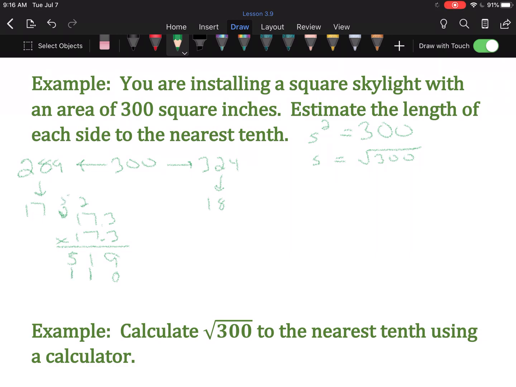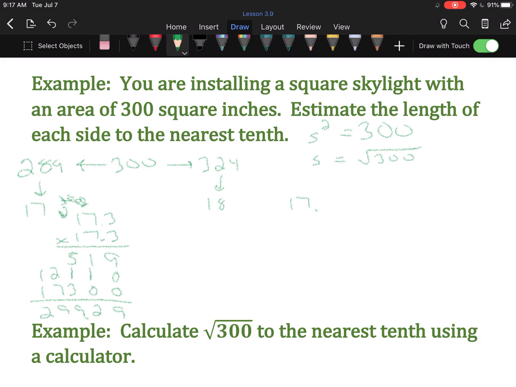Carry the 5. 7 times 1 is 7 plus 5 is 12. Start with a couple of zeros. And 1 times everything is 1, 7, and 3. Adding up gives 299.29, with 2 decimal places in the problem, 0.3 and 0.3, so 2 in the answer. That's pretty darn close to 300. And it's less than 300.